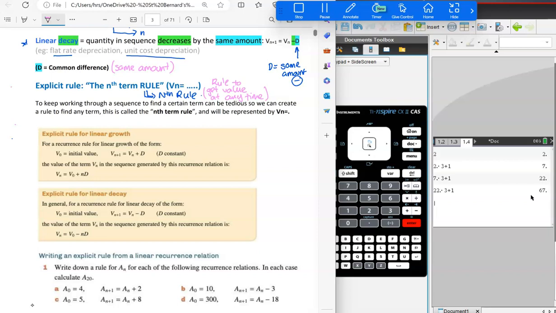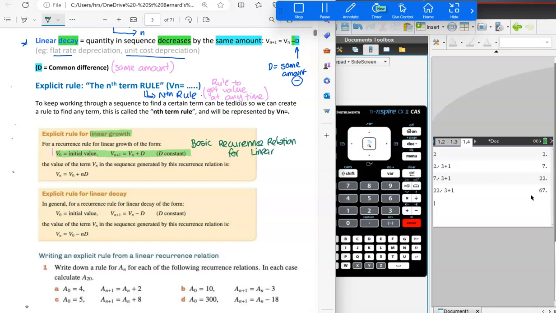Okay, so let's have a look. If we have here, let's highlight this. Here's linear growth, and you can see they've written this is, let's just write next to that so you know, the basic recurrence relation for linear growth.